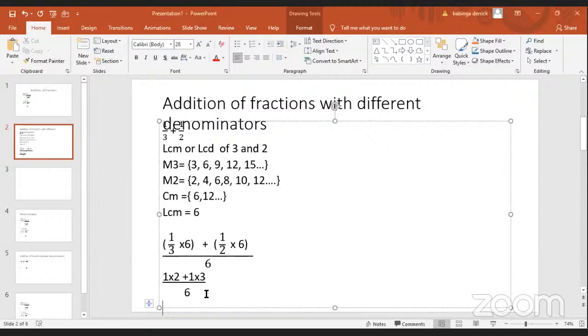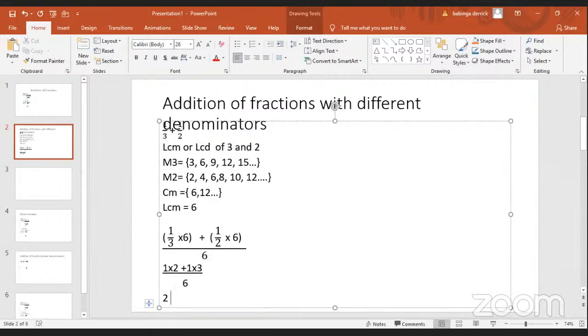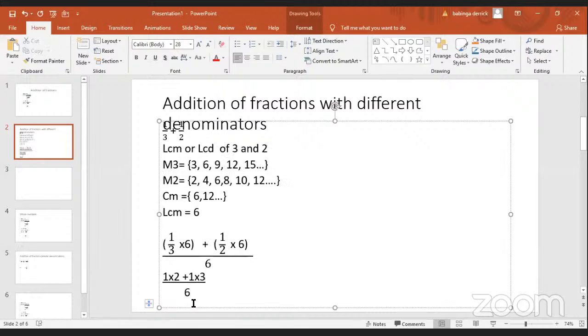So after taking out this, we say 1 times 2, we get a 2, plus 3 out of the denominator, which is 6.